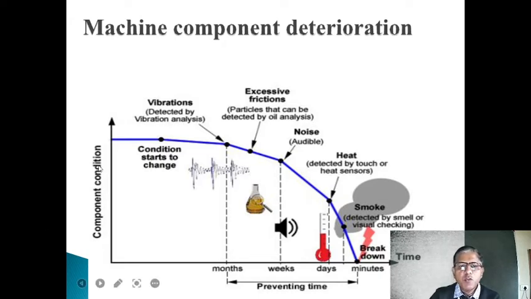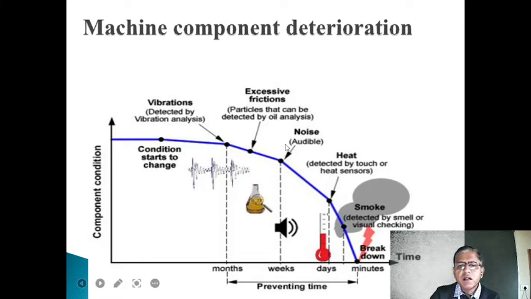As time progresses, the condition line comes down. First, the component starts generating vibrations. Then excessive friction; because of the excessive friction, wear and tear or metal particles come out into the lubricating oil.